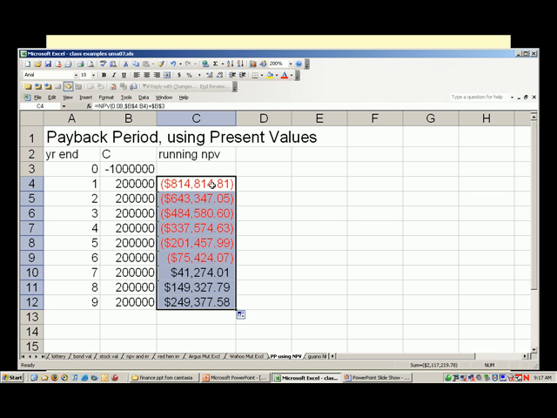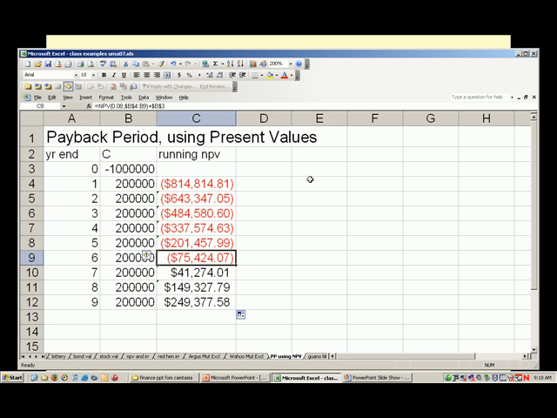This running NPV column shows the net present value generated by this new project after each of the years that the project is in force. So after 1 year, we're still in the hole by $800,000. After 2 years, we've gotten a little bit out of the red, but we're still losing $643,000 in present value terms.